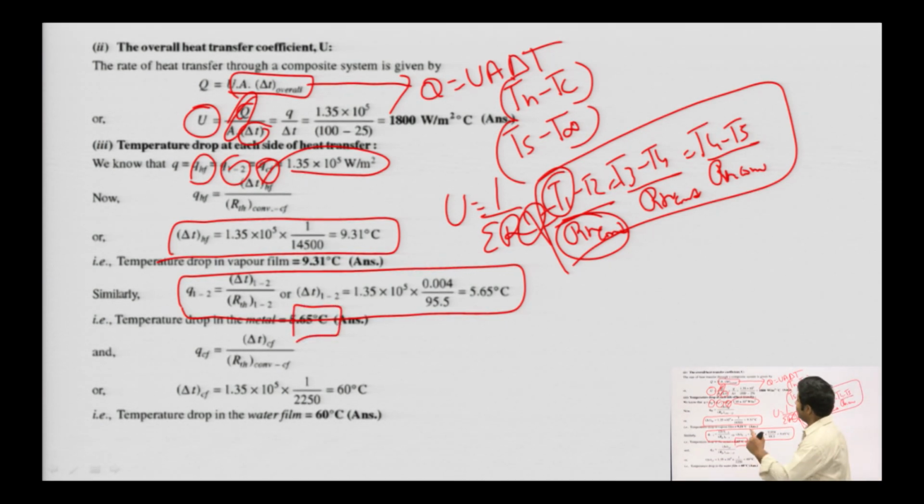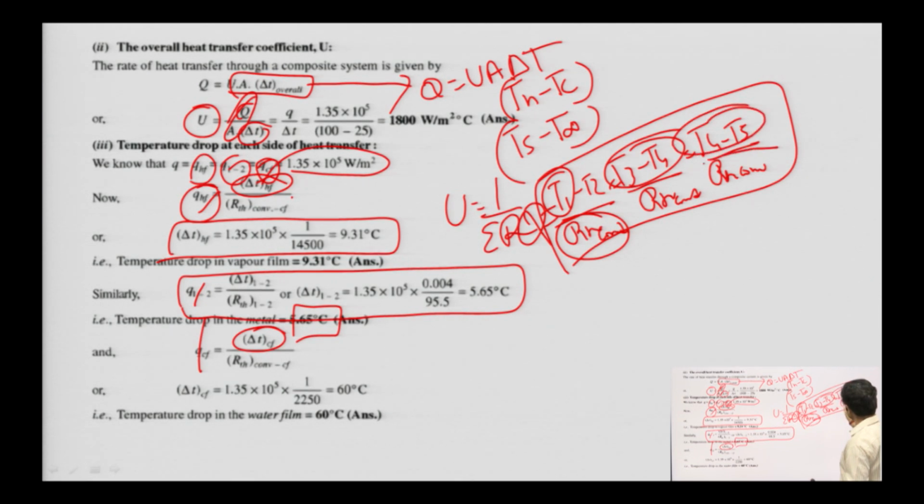And then the same for the cooling fluid. Since they have done it for the heating fluid, the temperatures regarding the heating fluid have been taken up, and if you want to do it for the cooling fluid, the cooling fluid temperature is taken up. We all know that QHF, Q12 and QCF are all the same. Only the temperatures and the resistances are being played with.